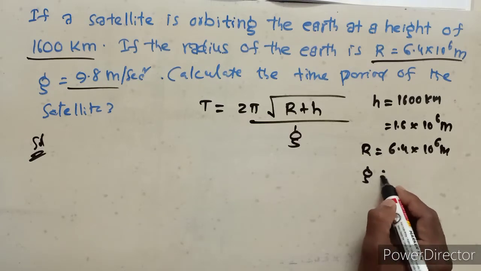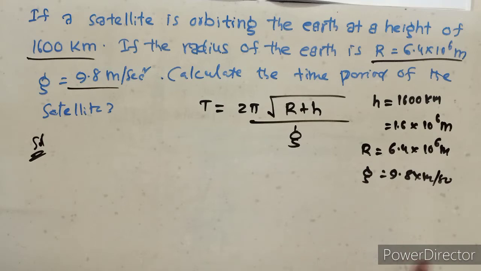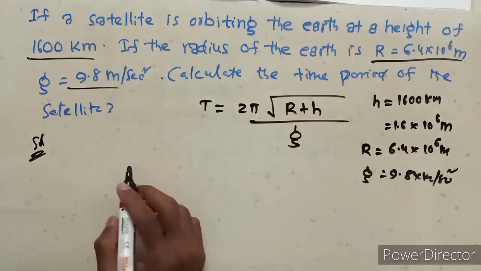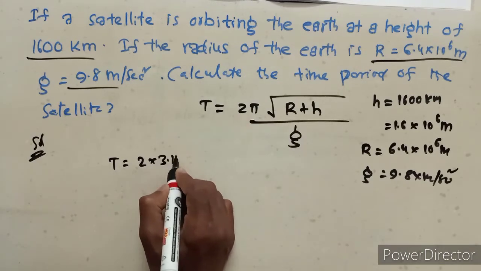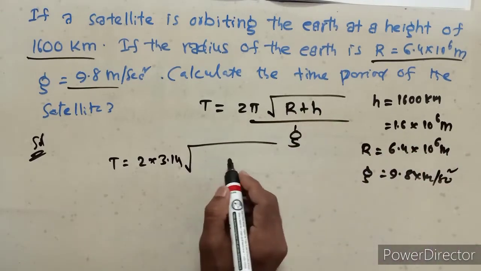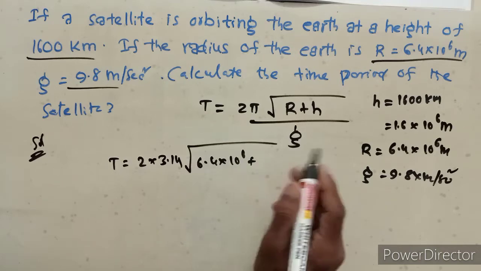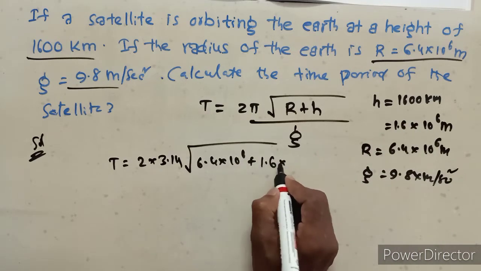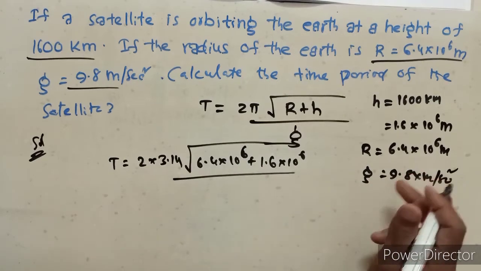Acceleration due to gravity is 9.8 meter per second square. So these values are substituted in this equation. T equals 2 pi, which is 3.14, under root of R plus h, where R is 6.4 into 10 to the power of 6 plus h is 1.6 into 10 to the power of 6, upon g.